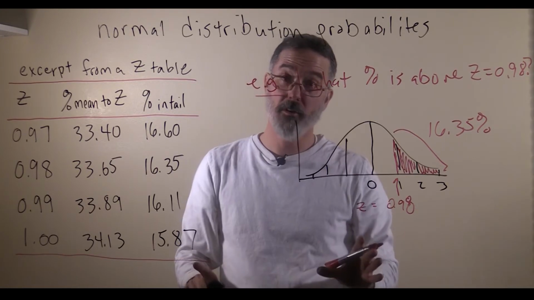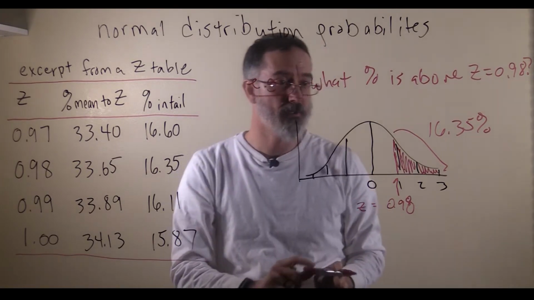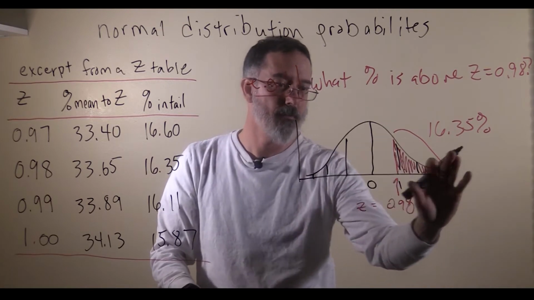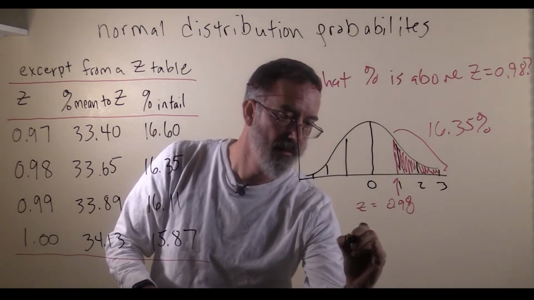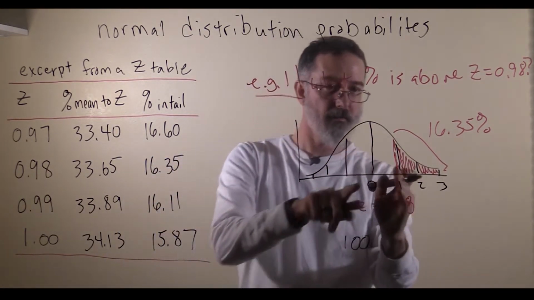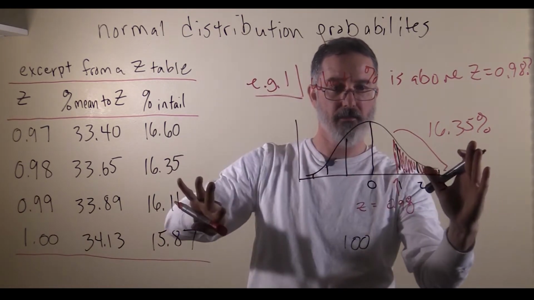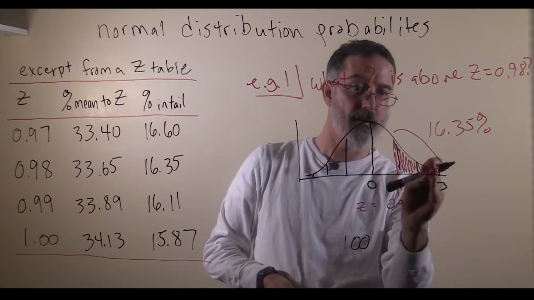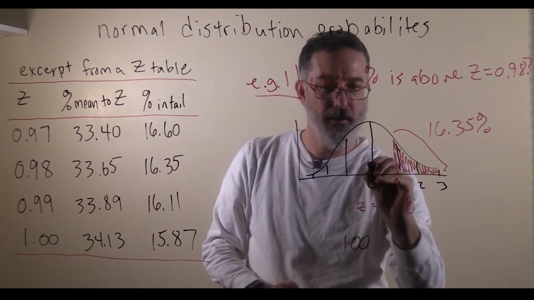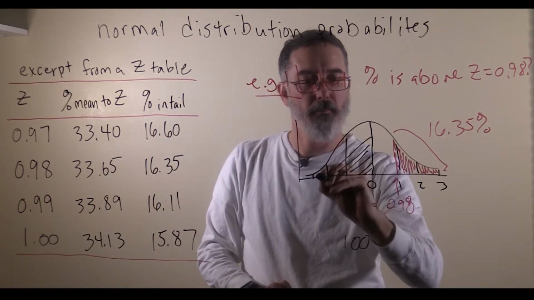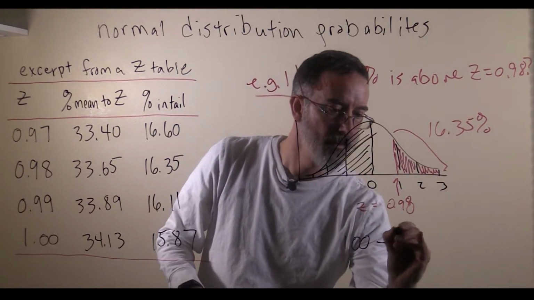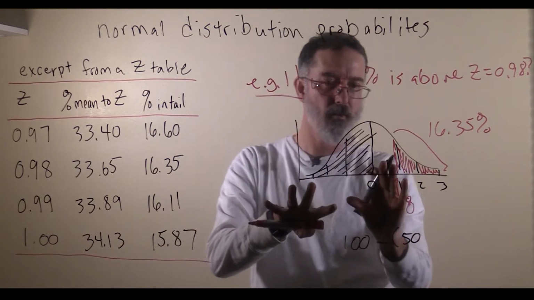There's another way we could have solved it if we wanted to, which would have been a bit trickier. But right, the overall area of the whole distribution is 100%. So we could have subtracted out everything else. And what would remain would be what we're interested in here. So if we did it that way, we know that below the mean is half the distribution. So that's part of what we're going to get rid of.